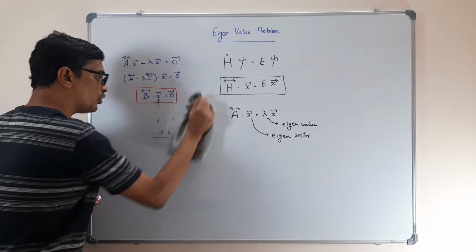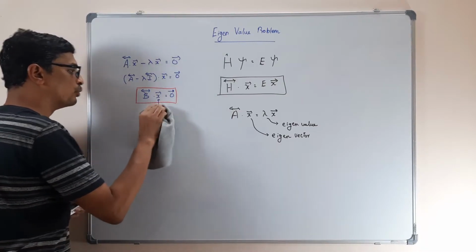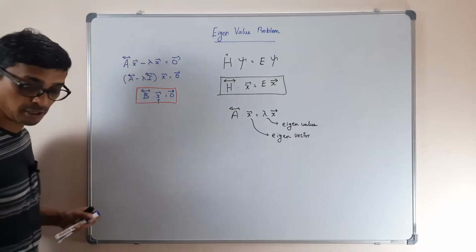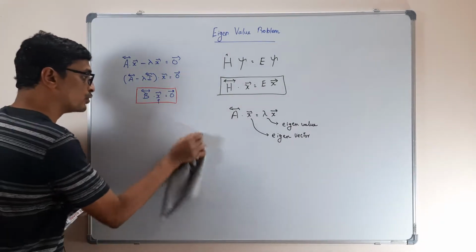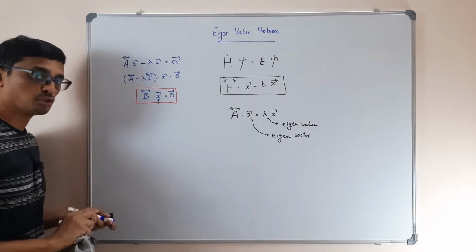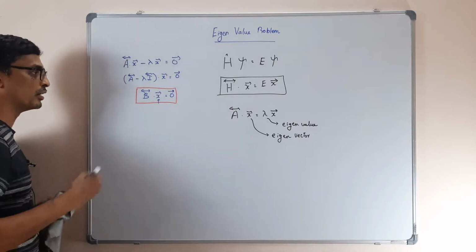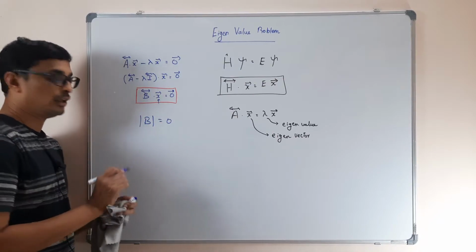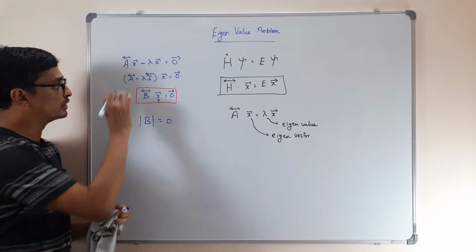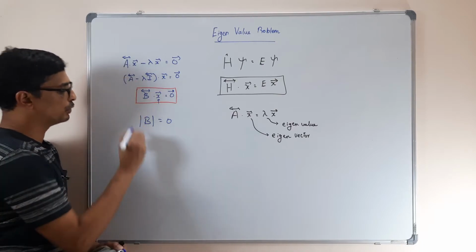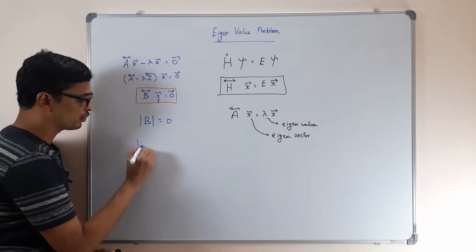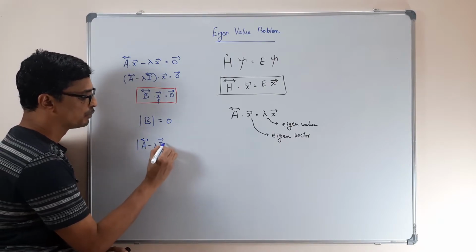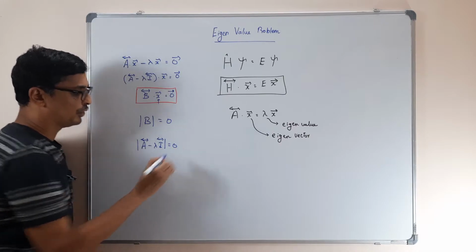So for B dot X to be equal to 0 with a non-trivial solution for X, the requirement is that B should be singular. For B to be singular, the determinant of B should be equal to 0. Only then do we call B singular. Similarly here, B is equal to A minus lambda I, so we have the determinant of A minus lambda I equal to 0.